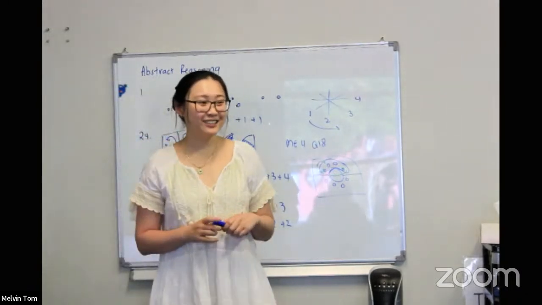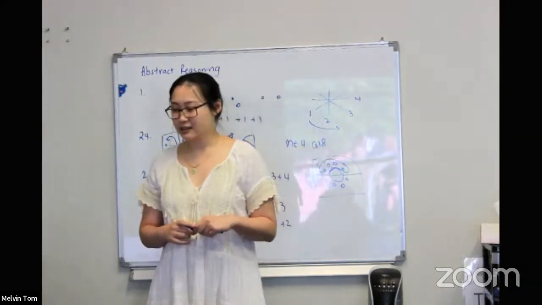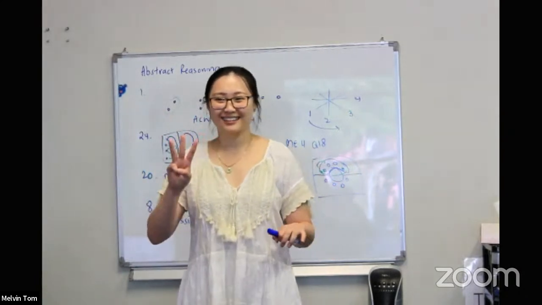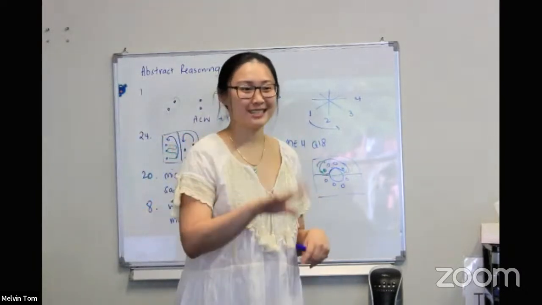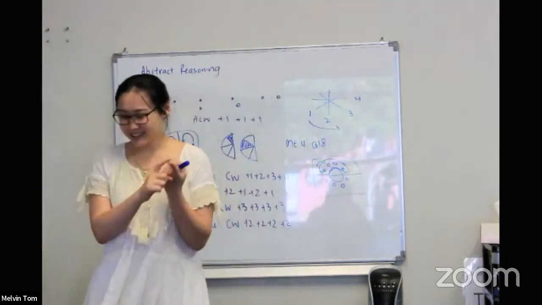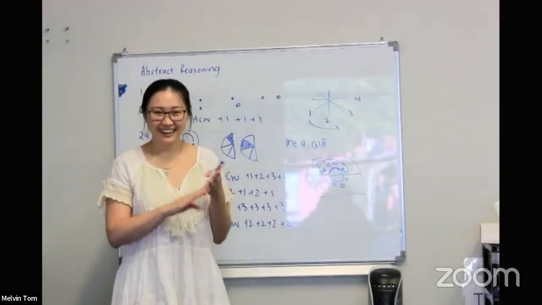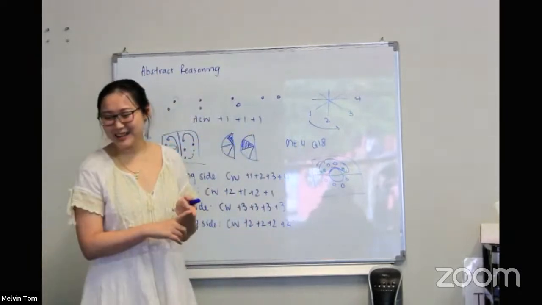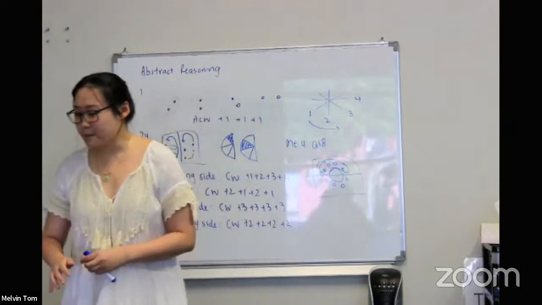Okay, with all of them, it's 4 objects. What are those objects? Can you tell me? So we've got the smiley face, the heart, the star, and a line, okay?